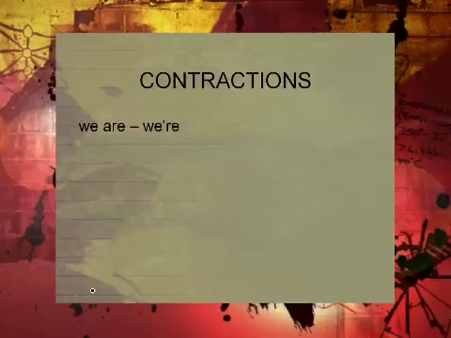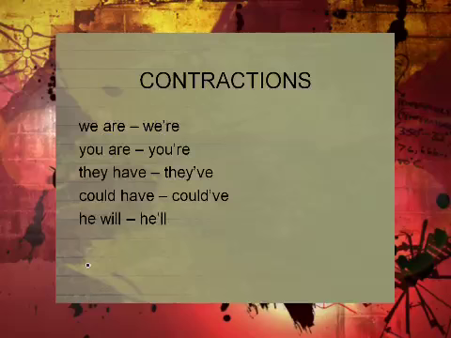The next thing that I want to look at are contractions. We were talking about formal and informal English, and I said that contractions are part of informal English. So look, for example, at we are. If we contract it, we get we're. Look where you put the apostrophe. It's where the letter would be if you put it back. Right, so we've looked at we are, and then look at these.